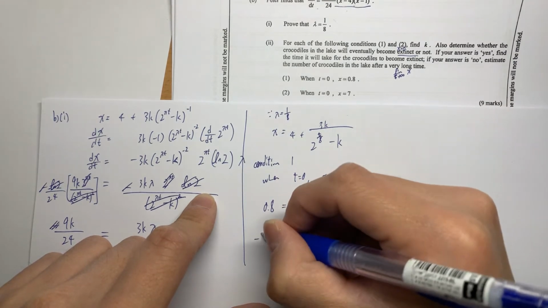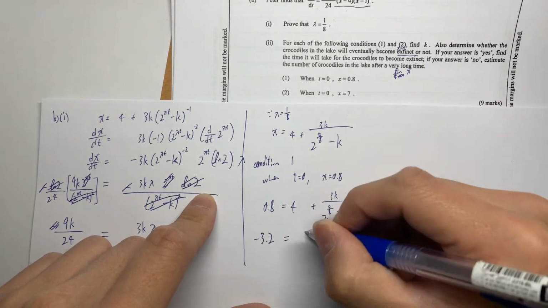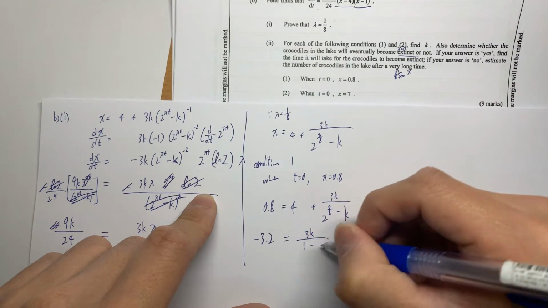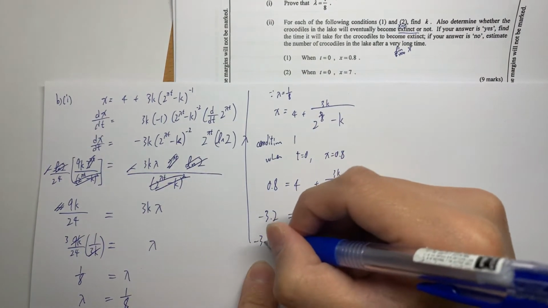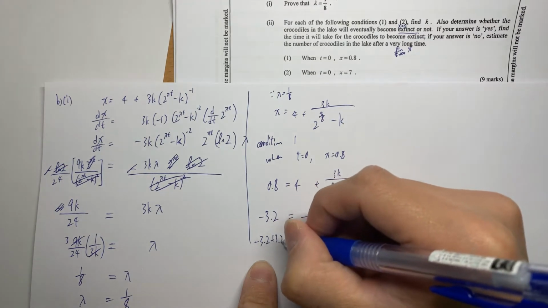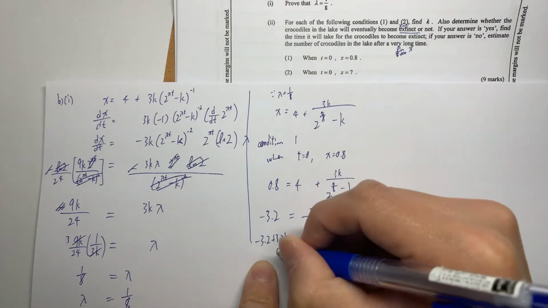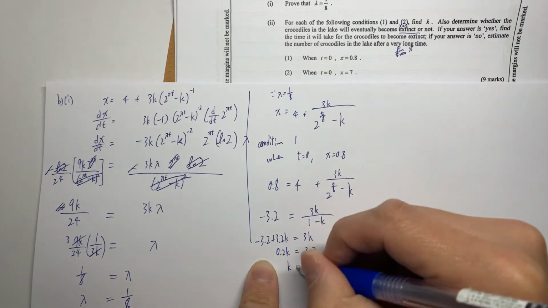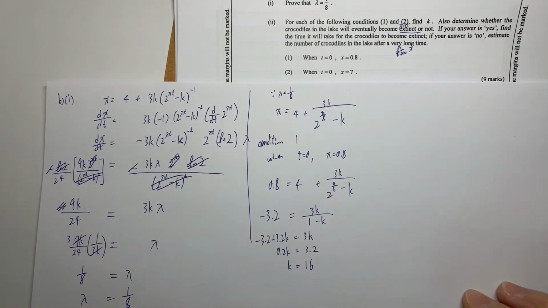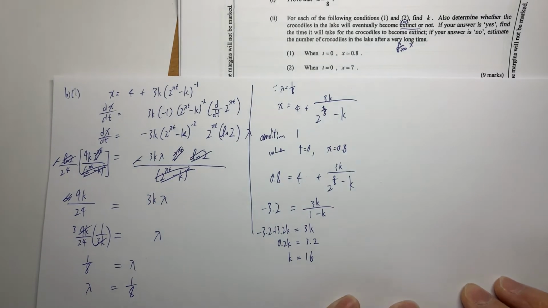So this is negative 3.2, 1 minus k. It's just a junior form equation. So we got k equal to 16 in this situation.